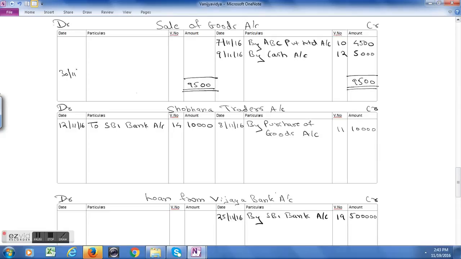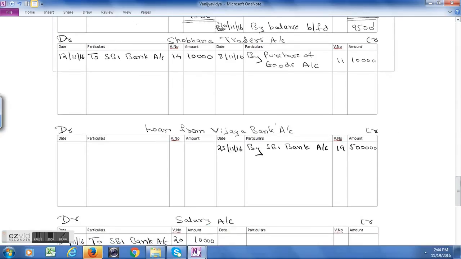Then 30/11/2016 to balance carry forward 9,500, and oh sorry, the date 30/11/2016 by balance brought forward 9,500.